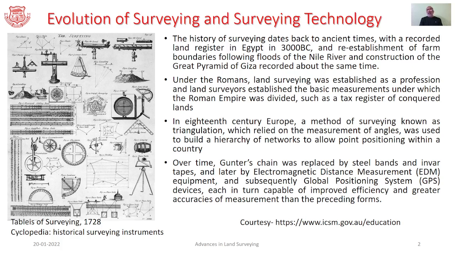In addition, there are many techniques which are extensions of photogrammetry in the form of remote sensing and the global positioning system, and this journey of the evolution of surveying and technology is continuous.